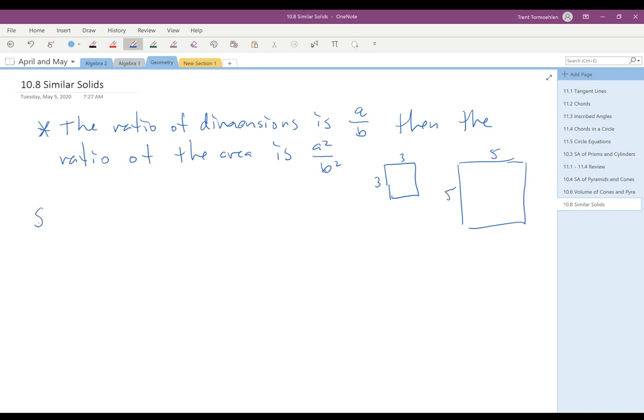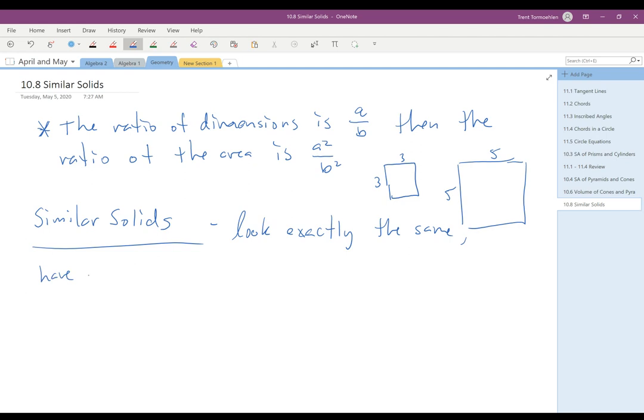For solids, similar solids are defined similarly to similar polygons in that they are solids that look exactly the same, have corresponding dimensions the same ratio, but have a different size.